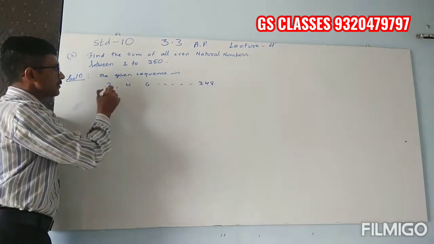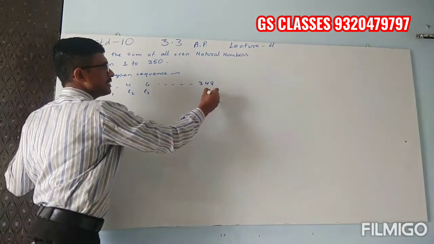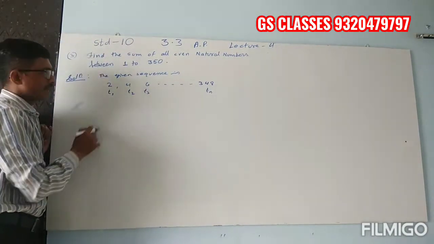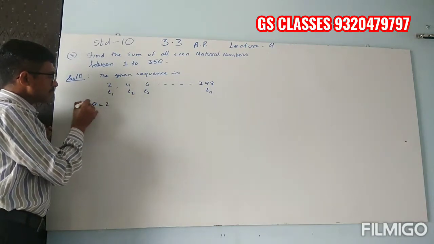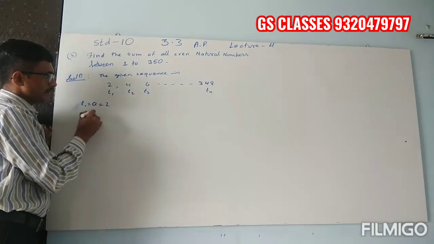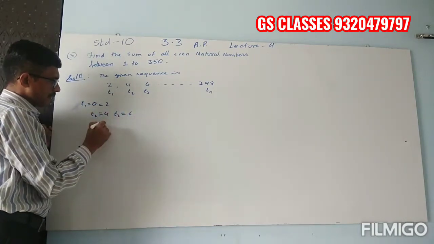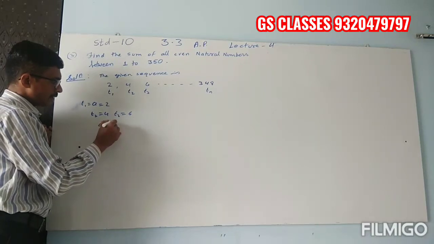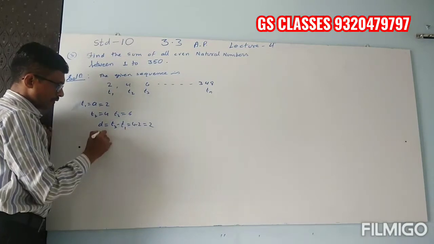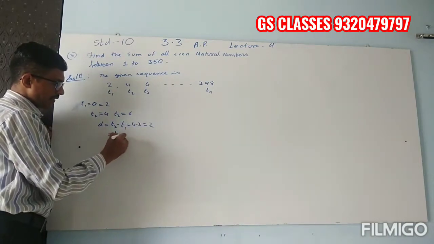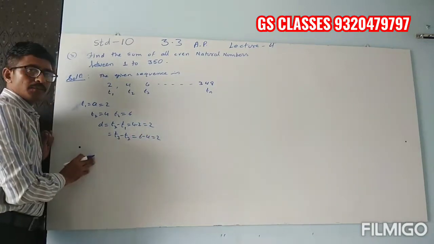Now children, we say that this is T1, T2, T3 and this goes as a nth number. We will write here A as 2, which is also T1, T2 is 4, T3 is 6. Now you write D, T2 minus T1, 4 minus 2 is 2. Also T3 minus T2, 6 minus 4, which is also 2.